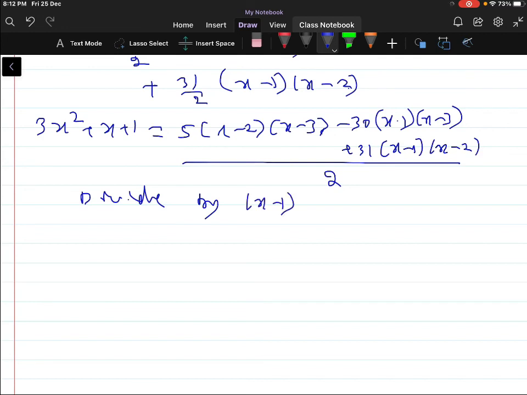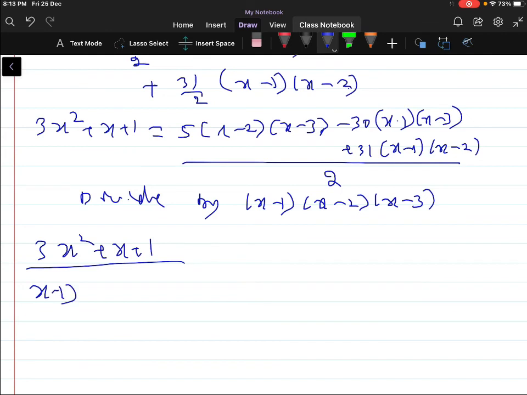So we divide throughout the equation by the factors, x minus 1 into x minus 2 into x minus 3.